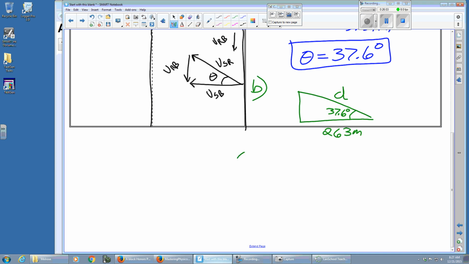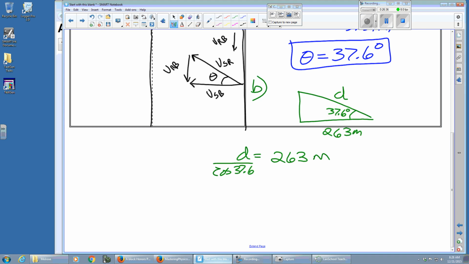And so my D, using trig: D over... see, that's adjacent, so that's cosine of 37.6 equals 263 meters. It's in my problem. It tells me the distance across the river for me is 263. What does it tell you your distance is? Oh yeah, you've got to look at part B. It's in part B. What did they tell you though?